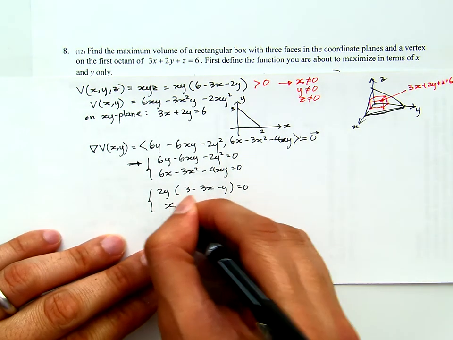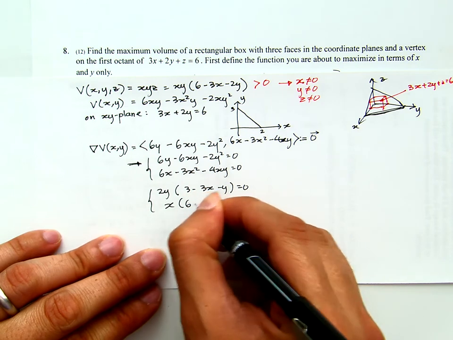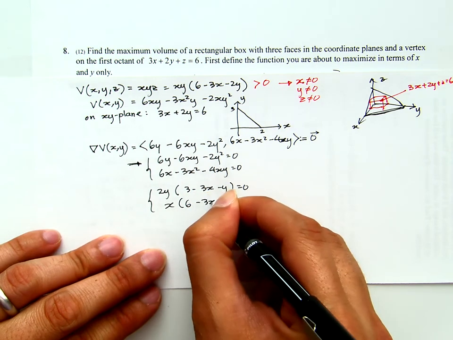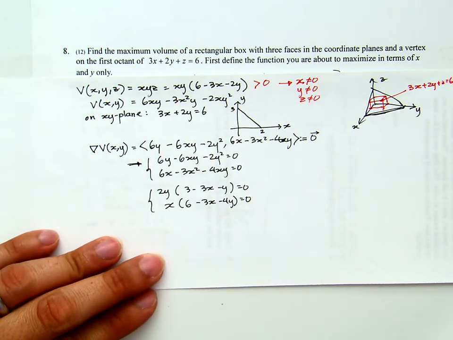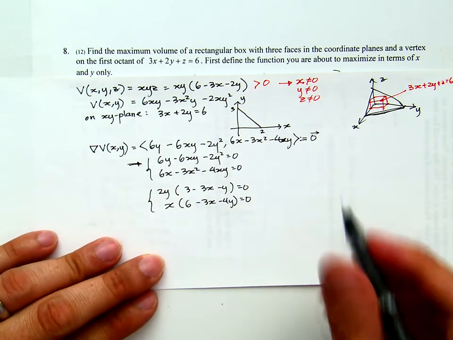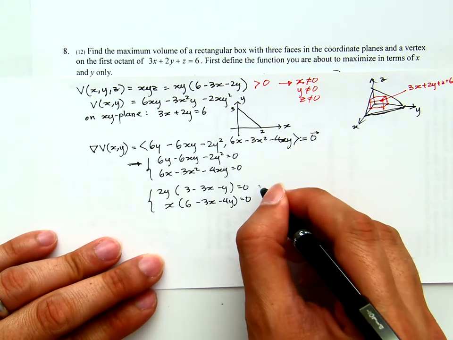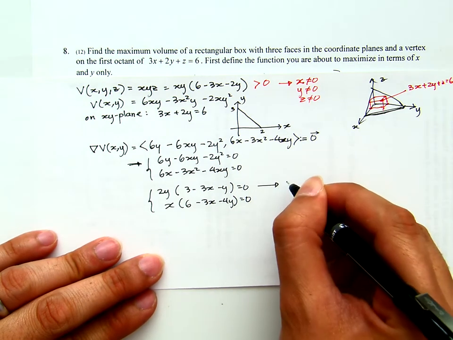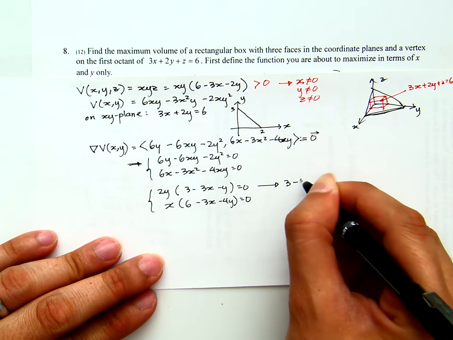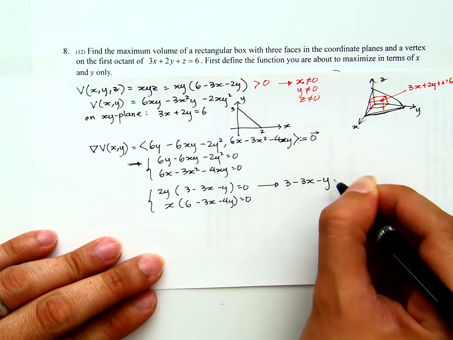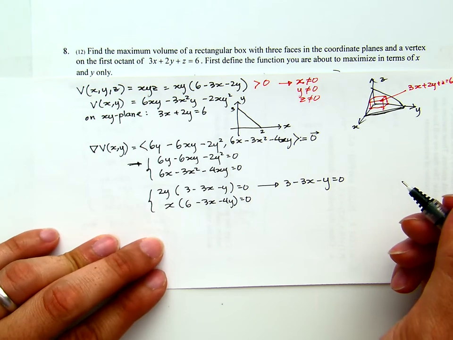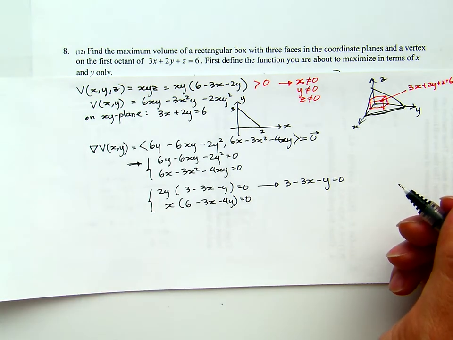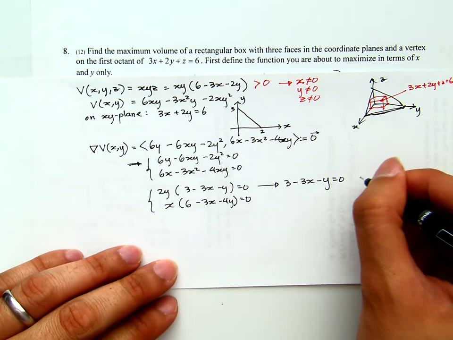And the second component, if I factor out x, I will get 6 minus 3x minus 4y equals 0. Now, from here, you see that I can say directly that 3 minus 3x minus y equals 0. Why? Because for sure y is not 0.